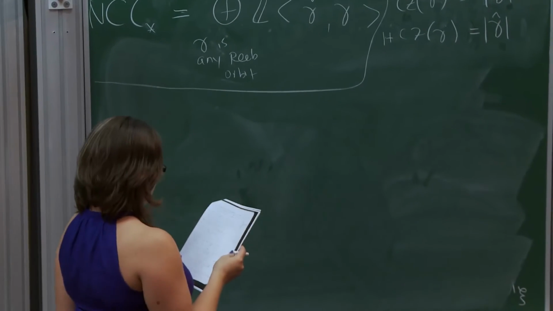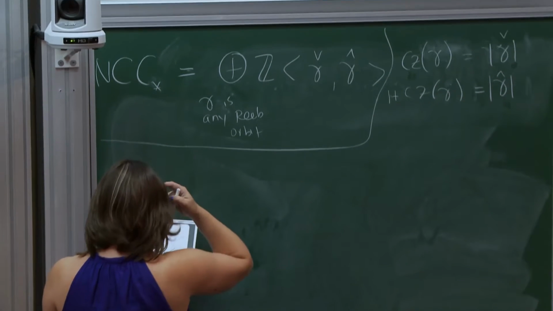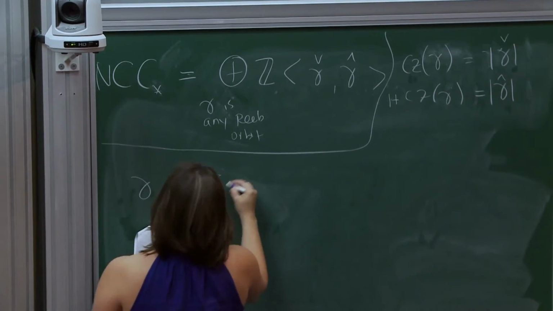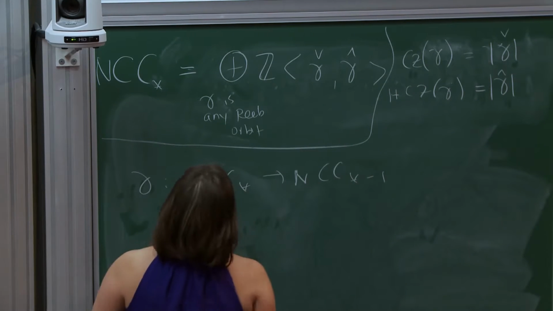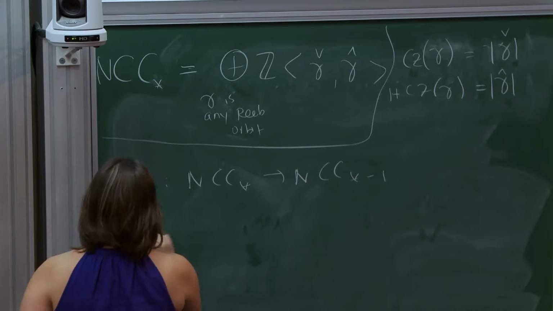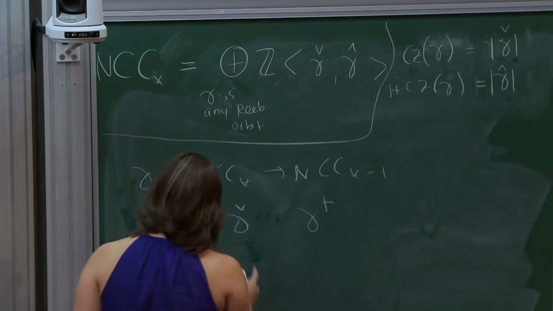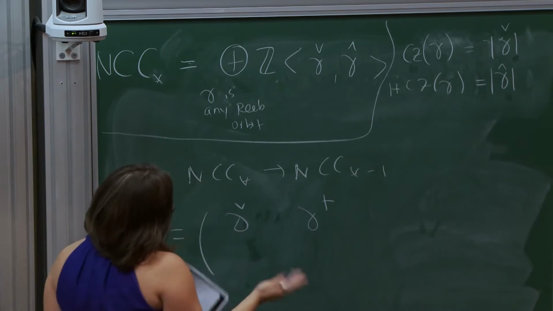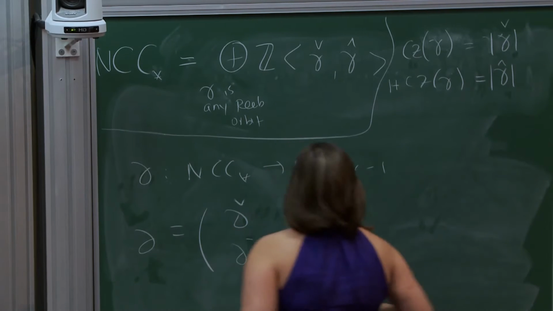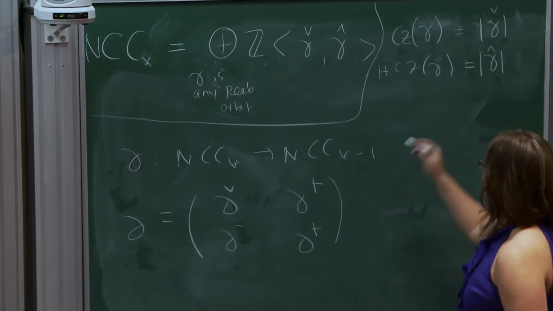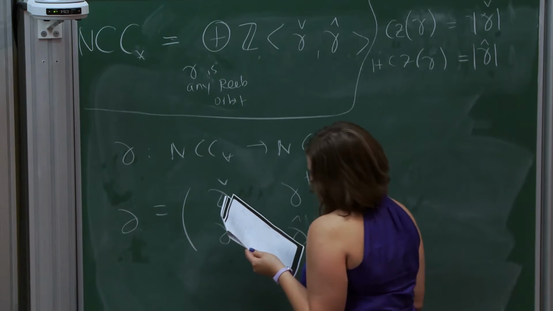All right. And now my differential is going to have a block decomposition. I'm going to have stuff that goes from check Reeb orbits to check Reeb orbits. So there are four different ways you can go from; let me just write this out and then we can talk about it.